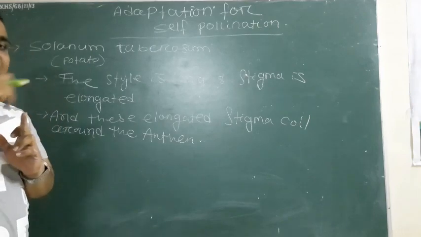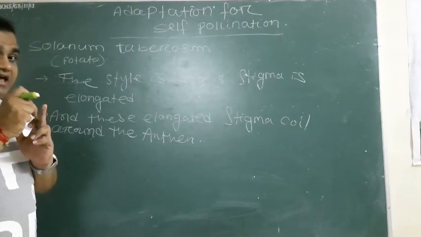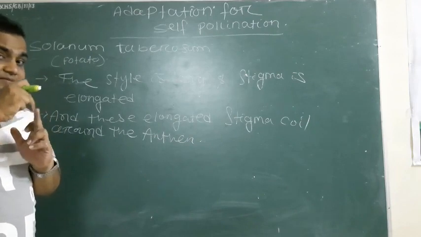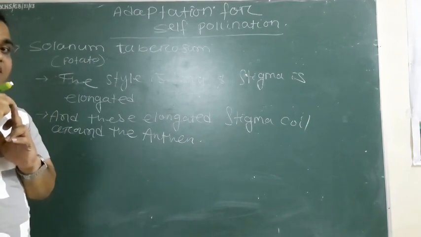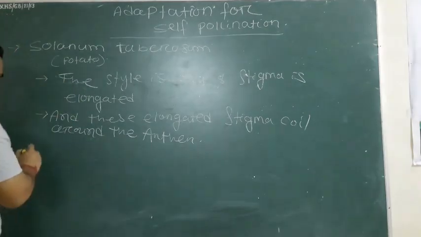As the stigma is coiled around the anther, the cross pollination will happen easily. Are you getting my point?